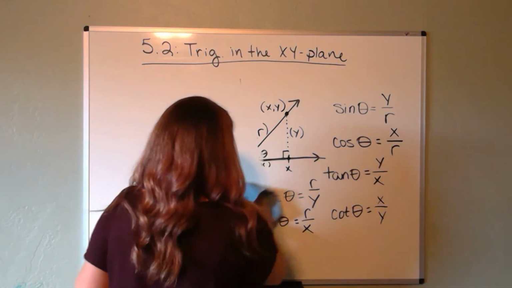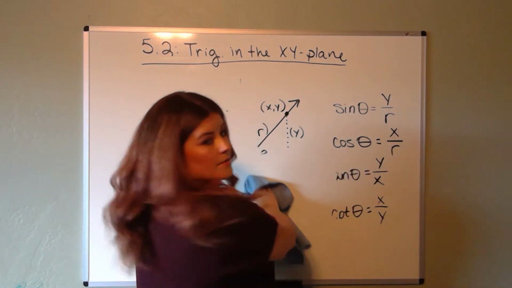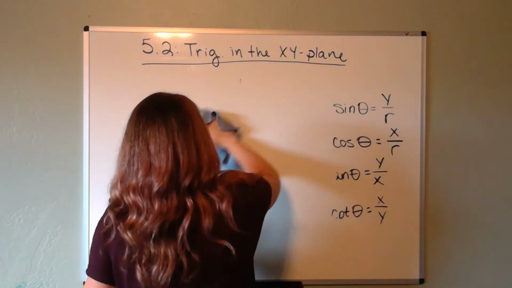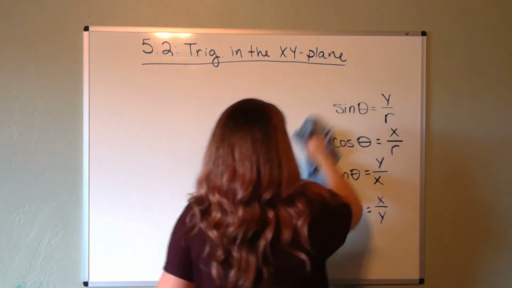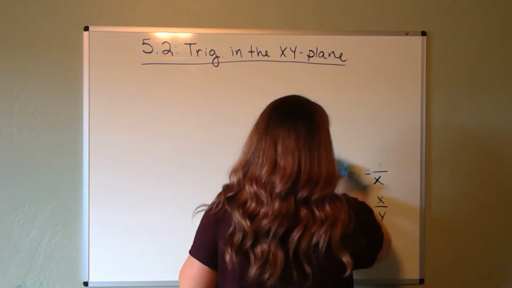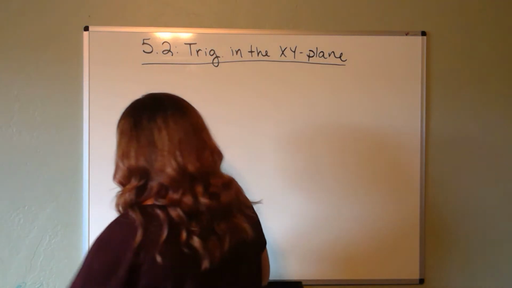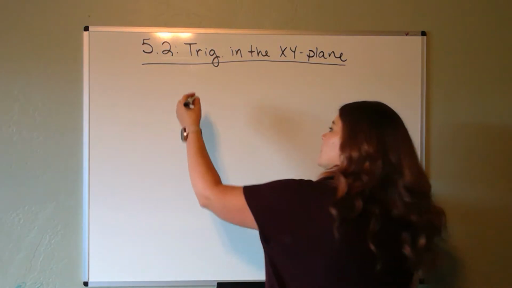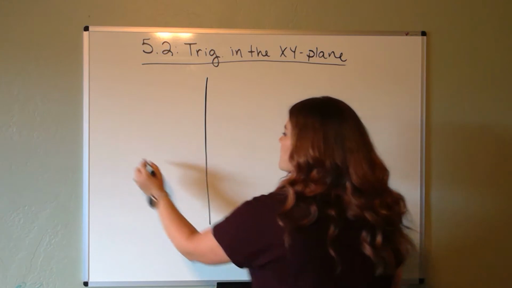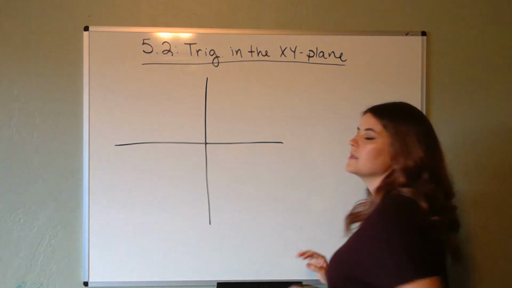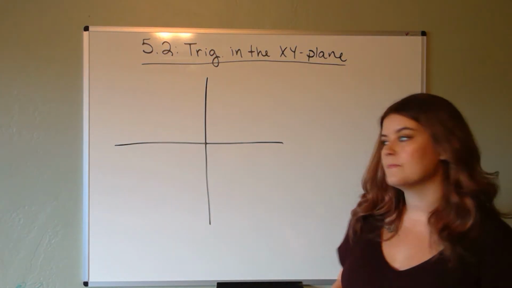All right, so I have to erase this because I don't have a lot of board space. But I'm basically going to draw a plane again and give you some more information. Okay, so in this plane, I'm going to focus on quadrants.